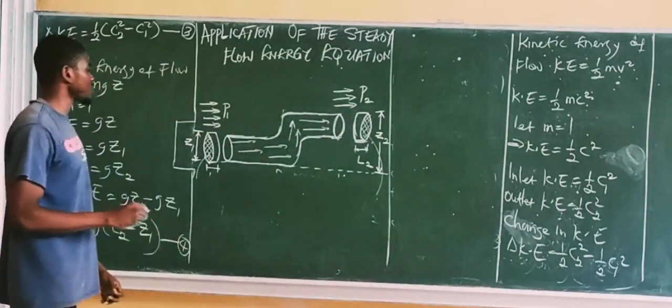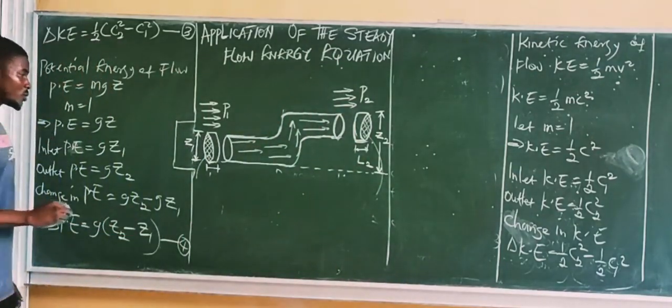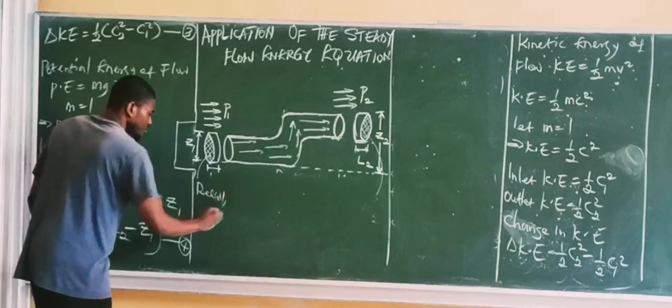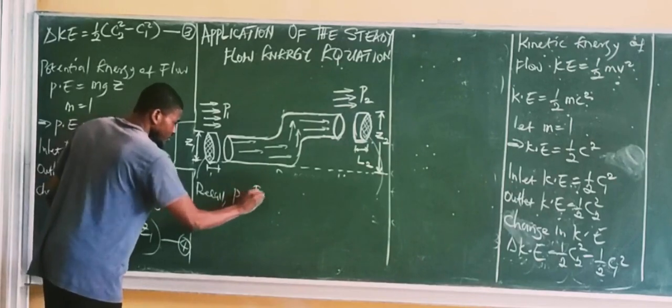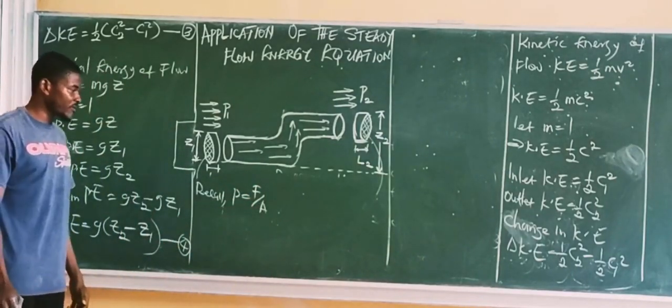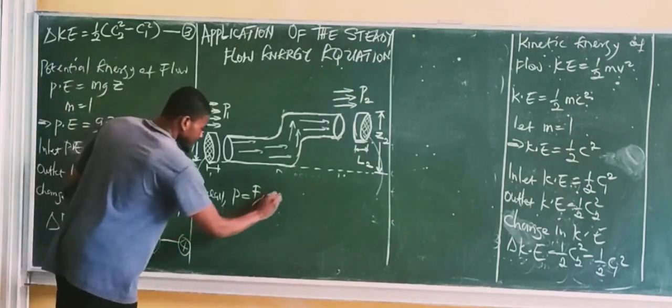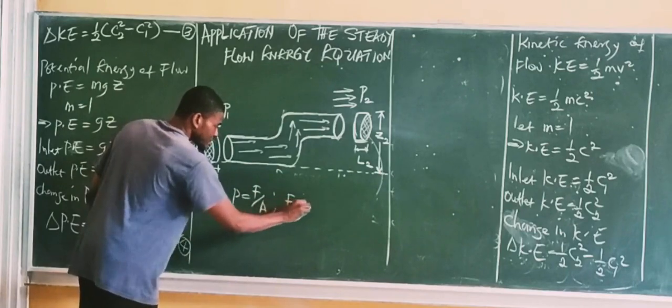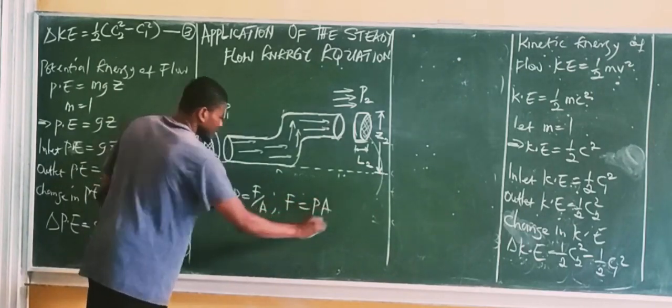So let's talk about the flow energy. Recall that pressure is simply force over area. If we make force the subject of the formula, force is simply pressure times area.